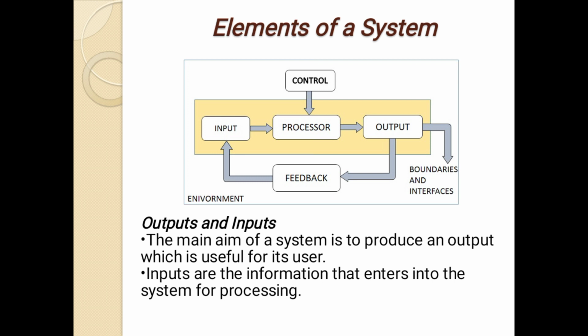Let's see the topics. Outputs and inputs: the main aim of a system is to produce an output which is useful for its users. Inputs are the information that enters into the system for processing.